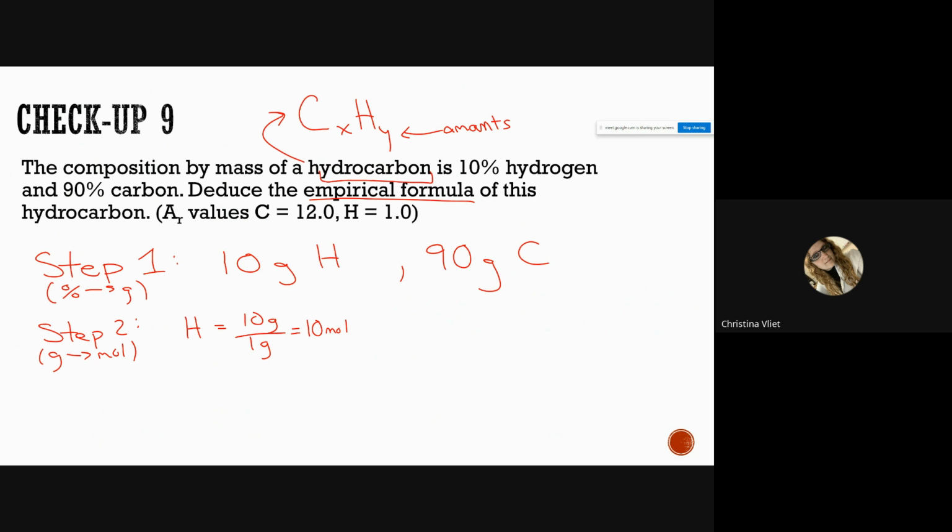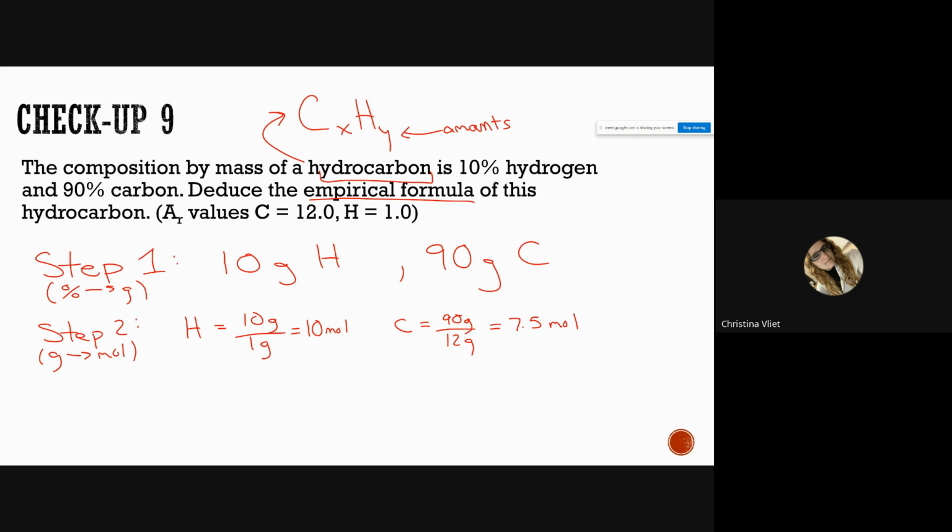And for carbon, we know that that's 90 grams. What's the molar mass of carbon? 12. And so 90 divided by 12 is 7.5. So far, so good?